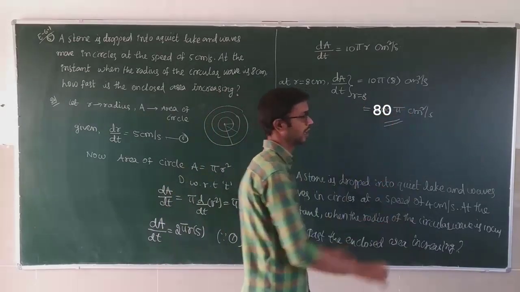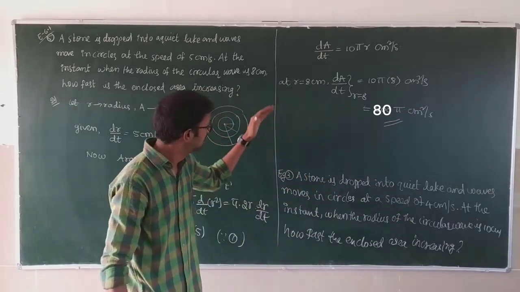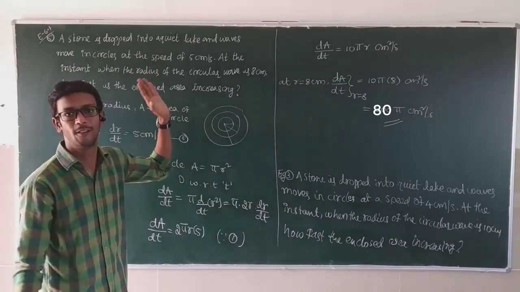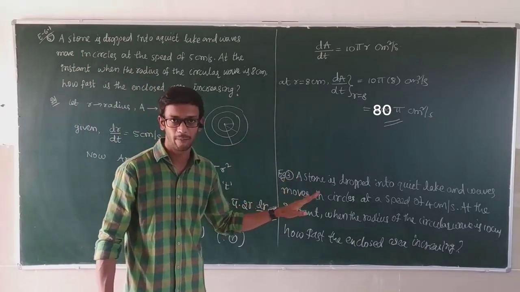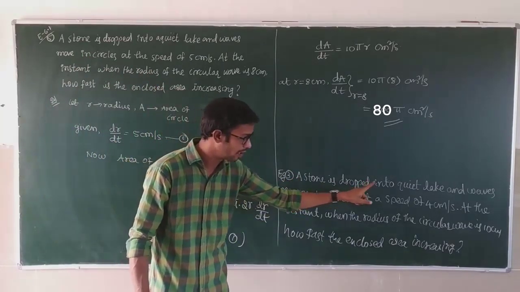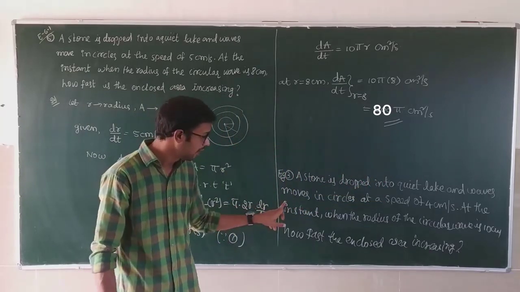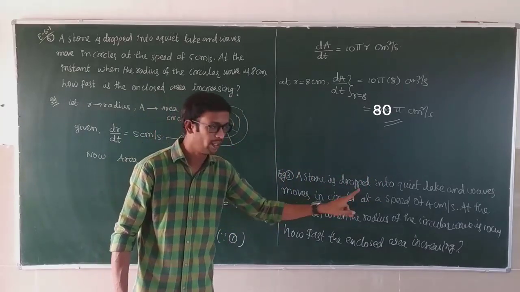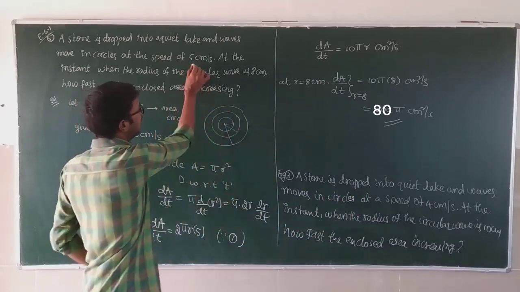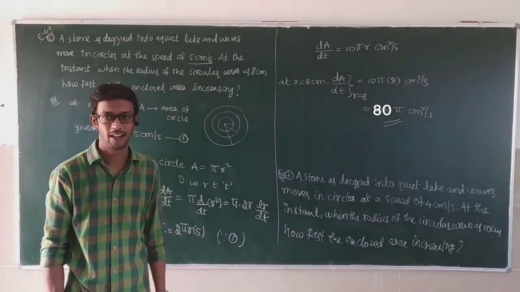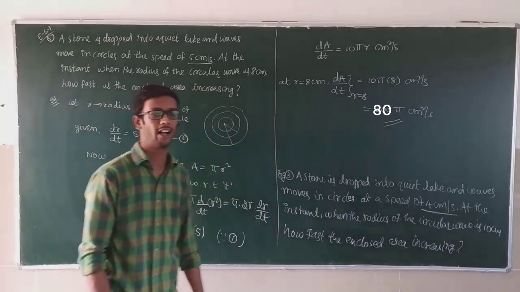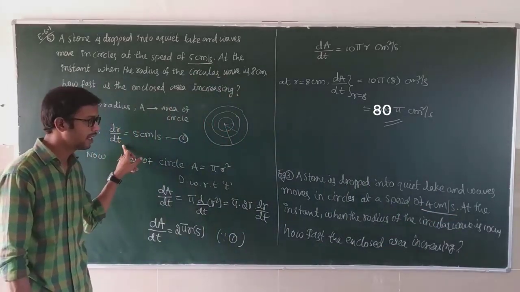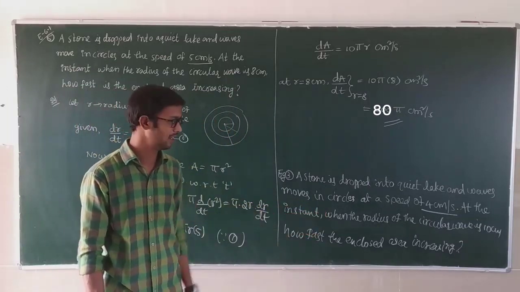You can copy this problem and similar problems. This is exercise 6.1, fifth problem. Example 3. A stone dropped into a quiet lake, same to same. Wave moves in a circular way at the speed. Here what is the speed? Here 5 centimeters per second is the speed. Here 4 centimeter per second. That means dr by dt is 4 centimeter.